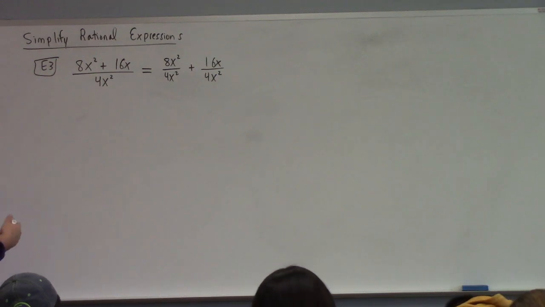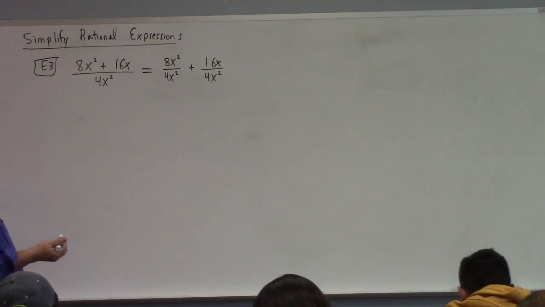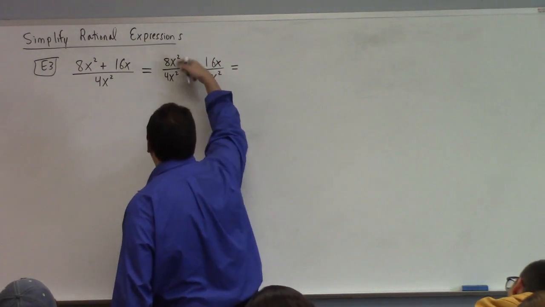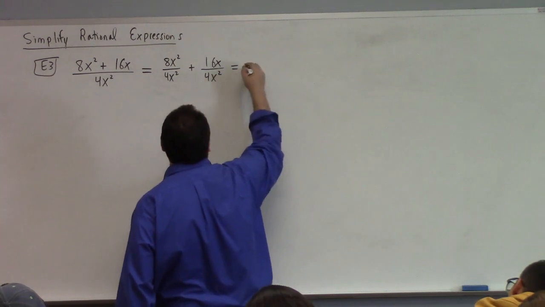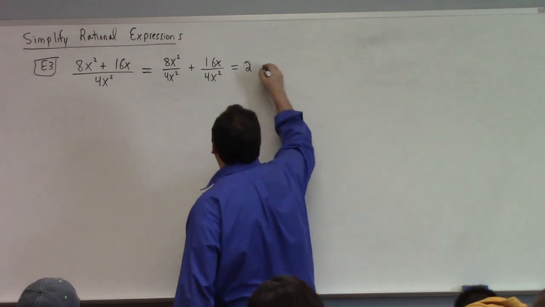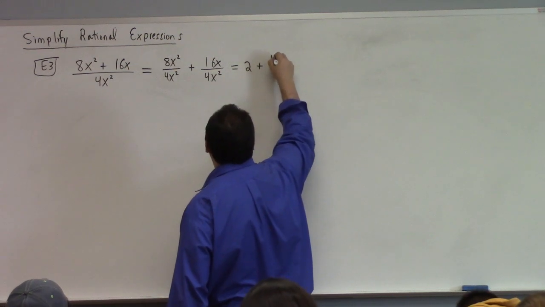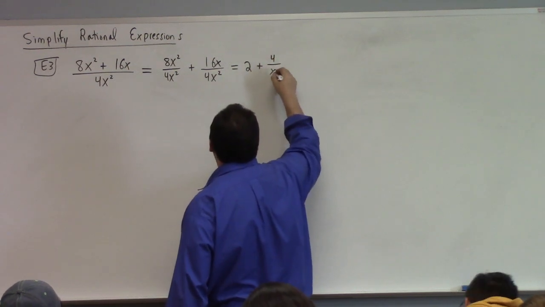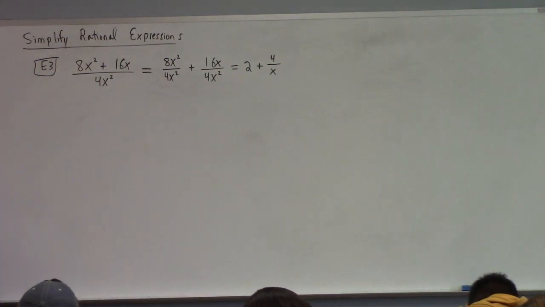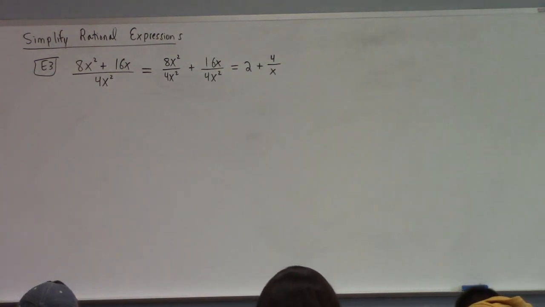Now, some things cancel out here. Like the first fraction, we get what? Yeah, the x squareds cancel, and 8 over 4 is 2. And the next one simplifies to 4 over x. 16 over 4 is 4. x over x squared is 1 over x.